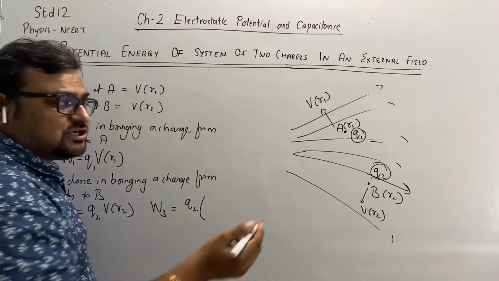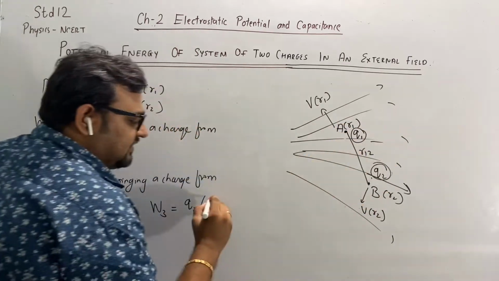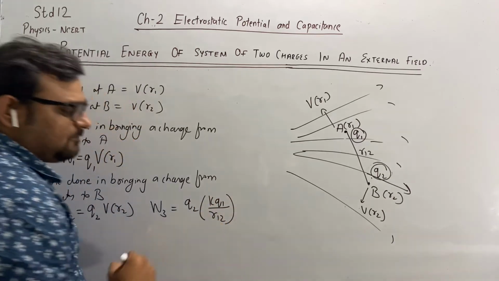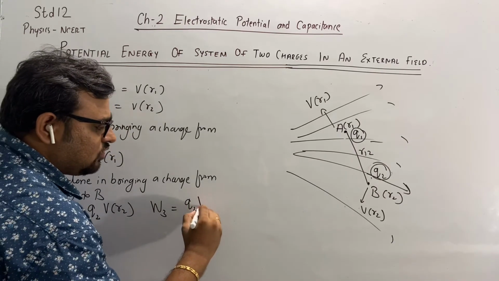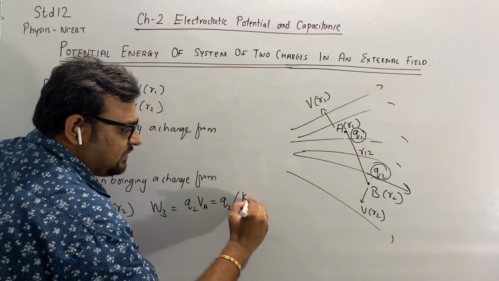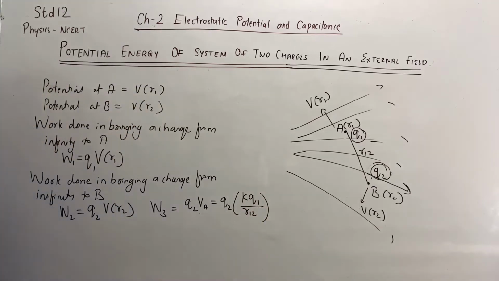And what is the potential due to a point charge? K Q1 by, let this be R12, then that will be K Q1 upon R12, right? Or else let me write Q2 into potential due to A. So Q2 potential due to A will be K Q1 by R12. Clear?